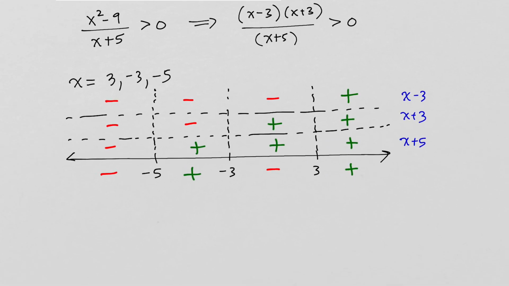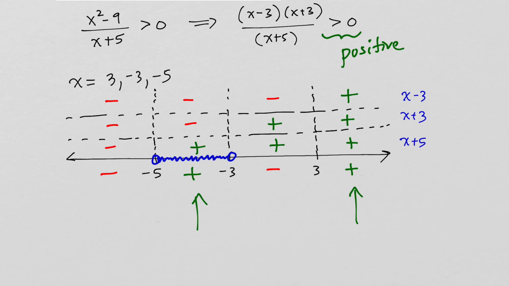So we know that this fraction, this rational expression, will be greater than 0, which means positive, on this interval here and on this interval here. And so on the axis, that is all the numbers in between negative 5 and negative 3, not including, right, because there is no equal to.